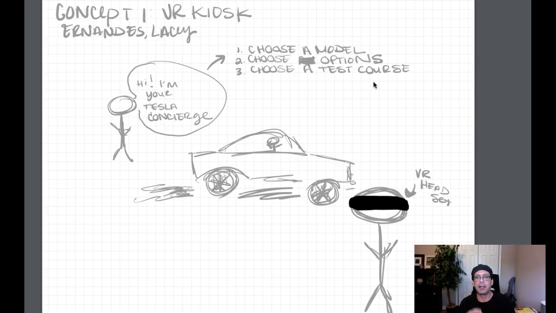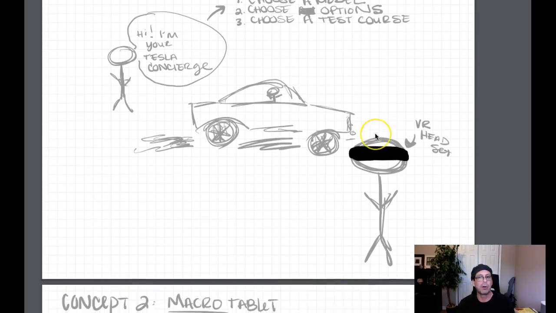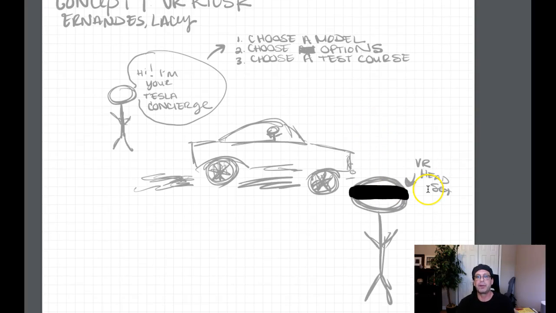So again, moving into Sunday's final submission of your sketches, I recommend that you really try to get a high level of detail here. For example, the kiosk: where is it located? How does the viewer enter the kiosk? What is the concierge here? How does this work?